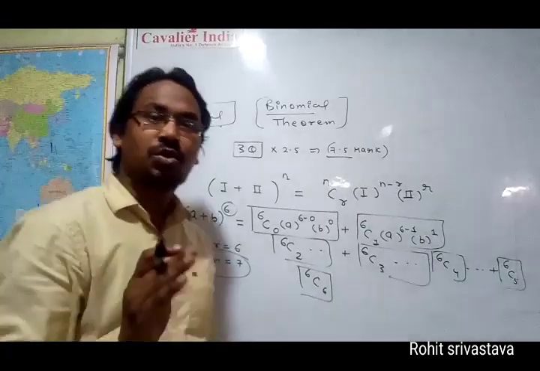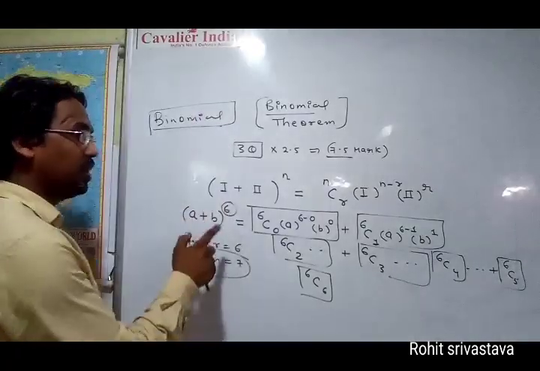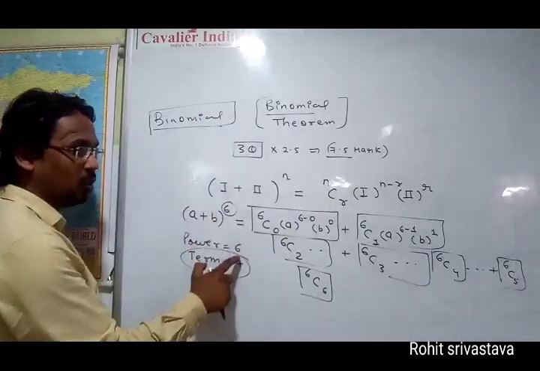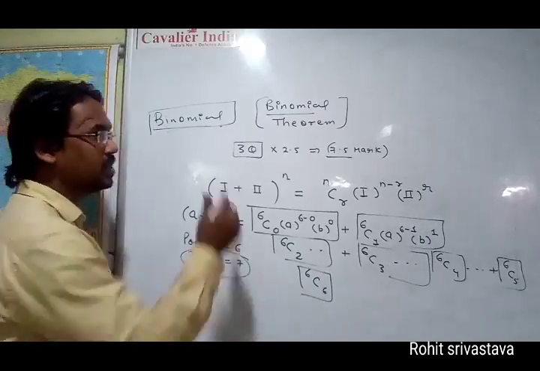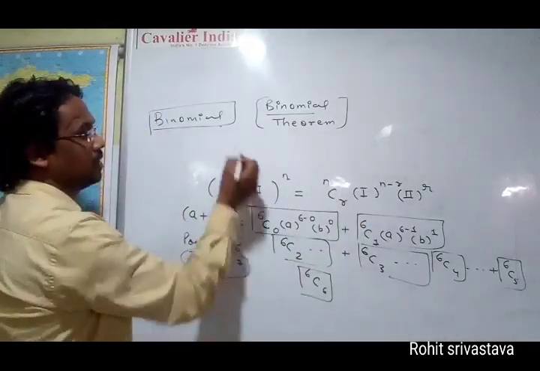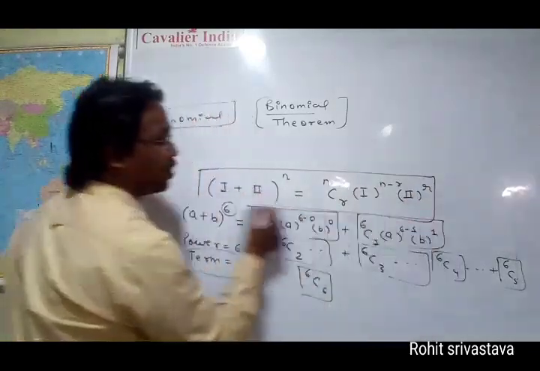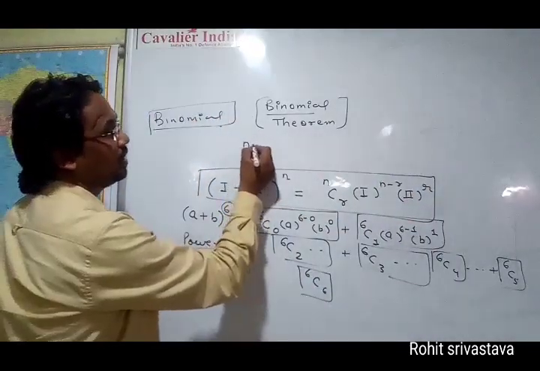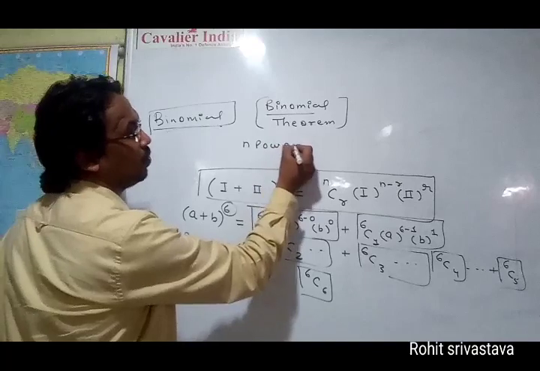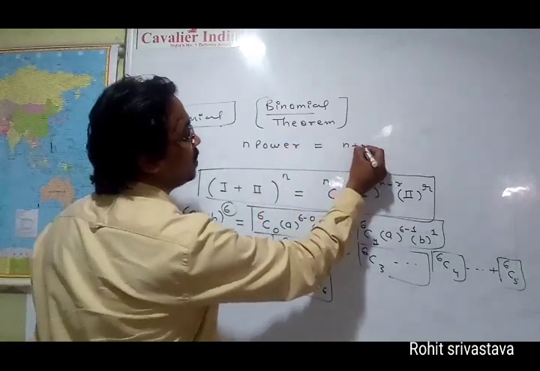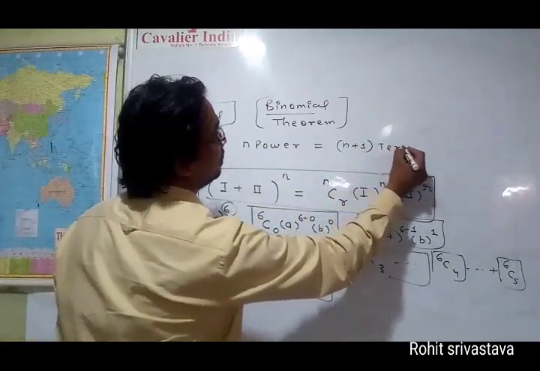Dear student, first you have to learn: if it contains power 6, we will open up with one more term. This is the expansion formula. Second, if we have power n, then we will open n plus 1 terms in the expansion.